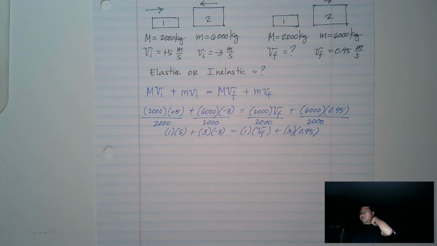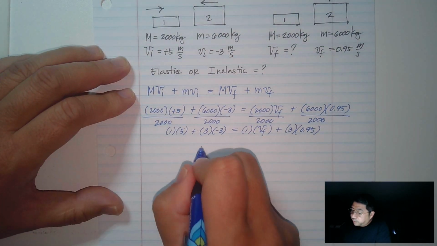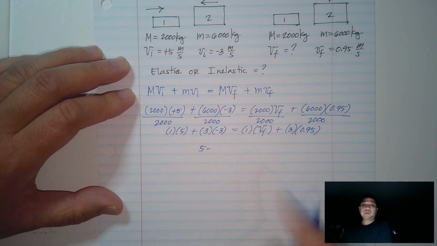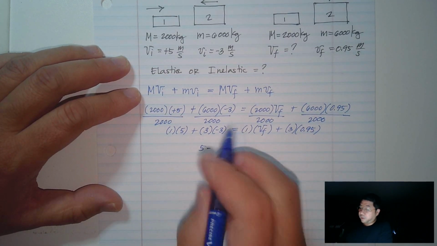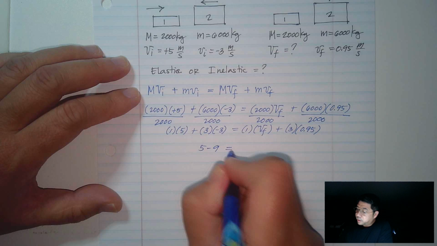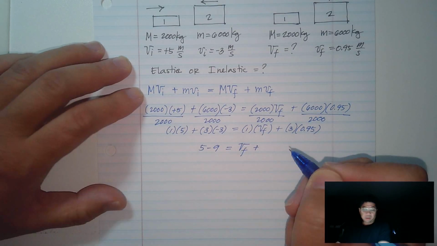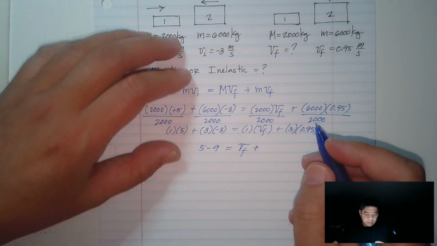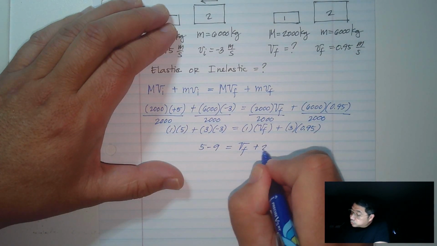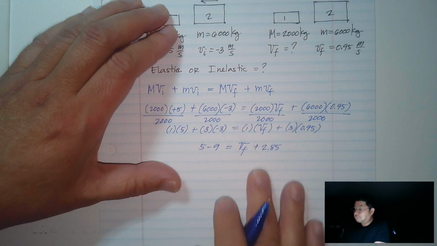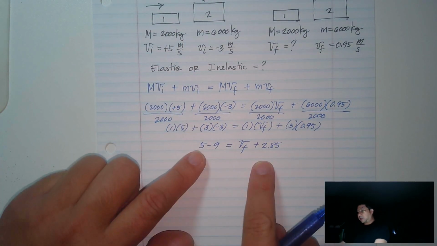Simplifying this further, we have 5, and 3 times negative 3 is negative 9. So we have Vf plus 3 times 0.95, which is simply 2.85 kilogram meters per second.